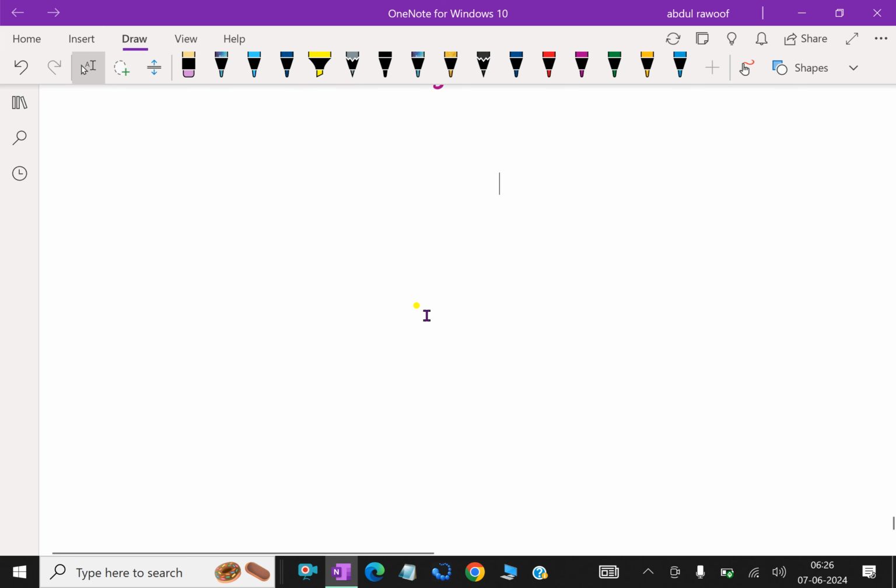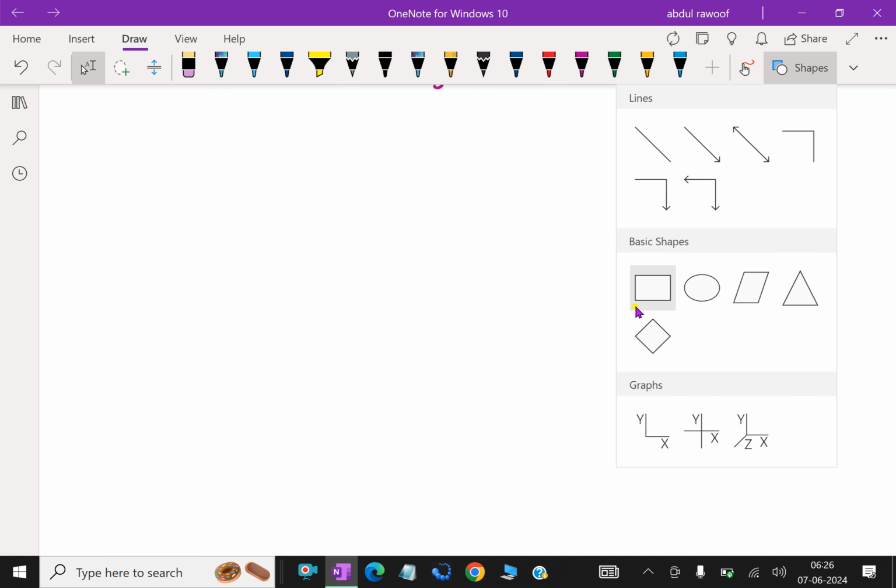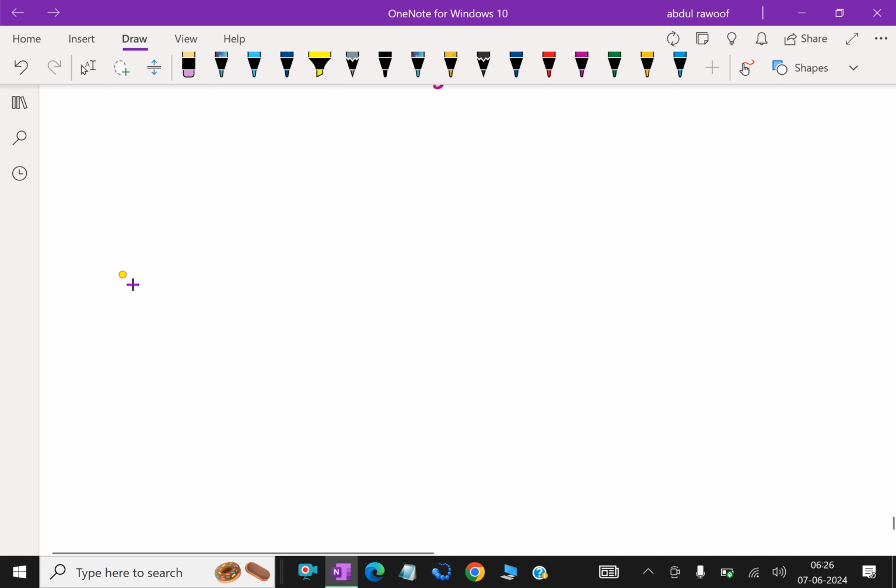Now one more. Look at here. Suppose some points are there, equally spaced.